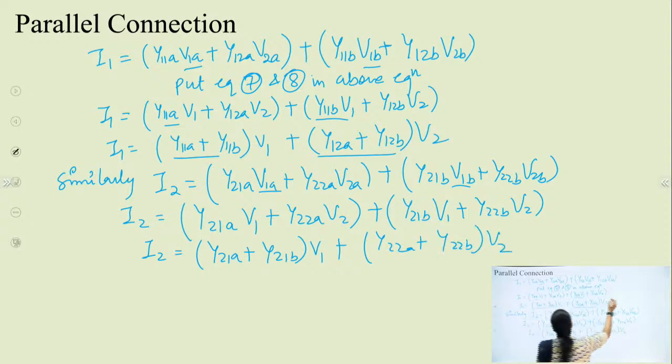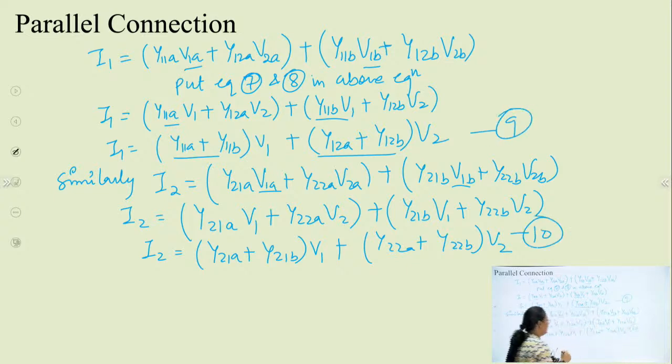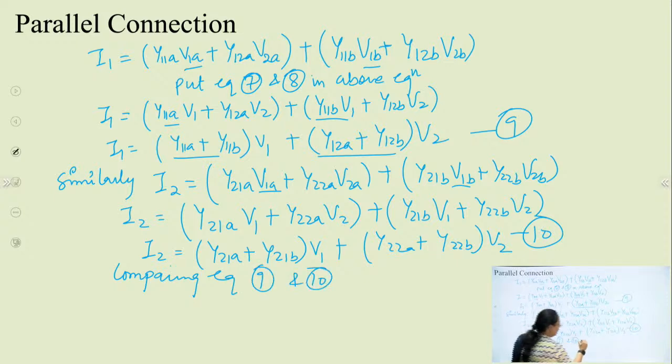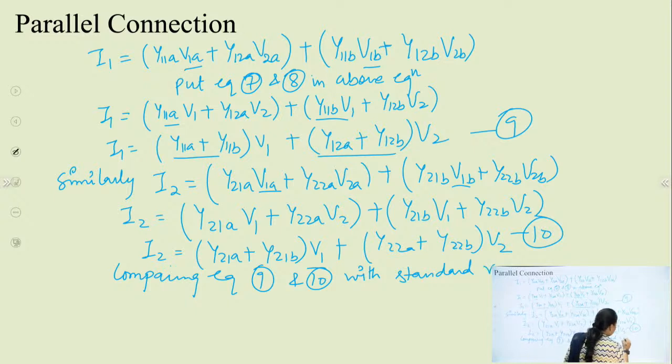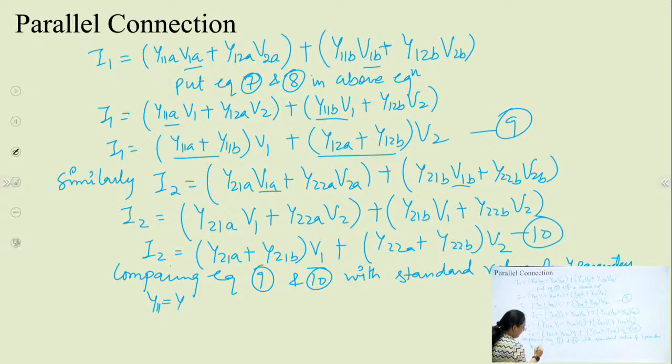Now when I am comparing equation number 9 and 10 with the standard equation of y parameters, we will get y11 equal to y11a plus y11b.